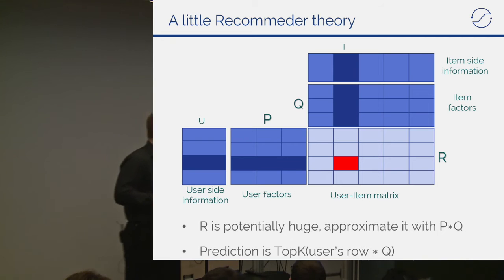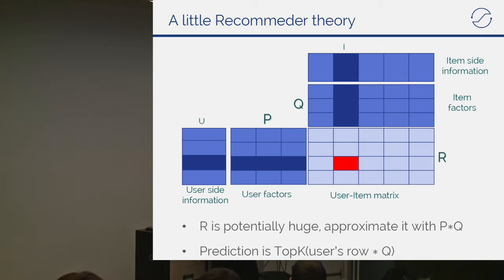One way to do it, from basic linear algebra, is to use the following trick. Of course, this matrix is very big, but suppose we have a matrix where one of the dimensions is the number of users, and the other is some small k, maybe 100.